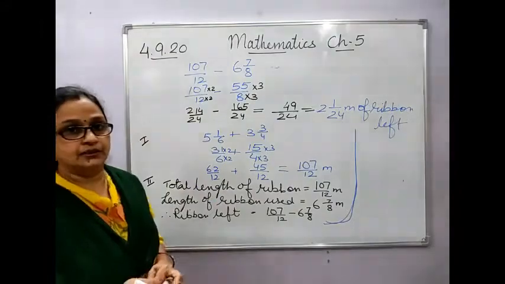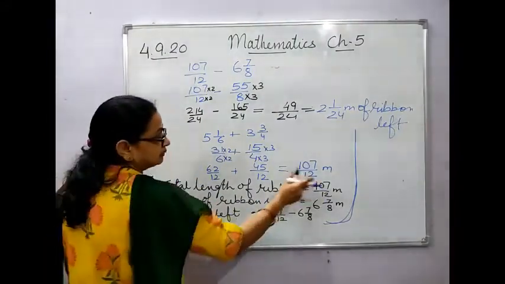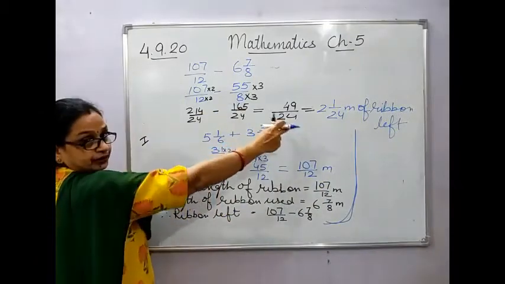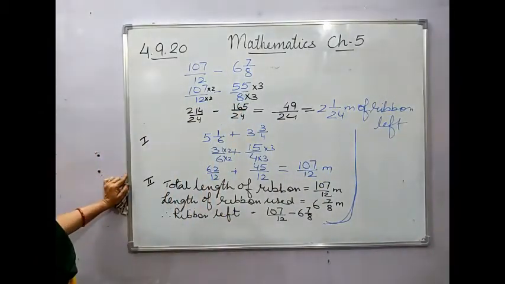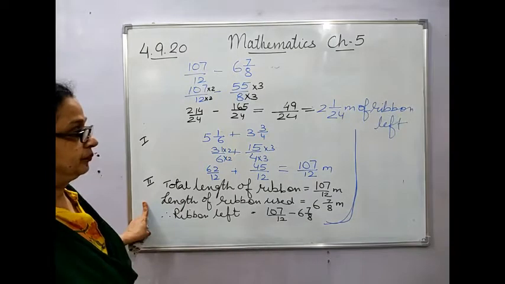This is your answer. I have solved the first part over here. The second part, because there was no space, I have solved it over here. So go through it and have a look at it. I think it's clear to you.